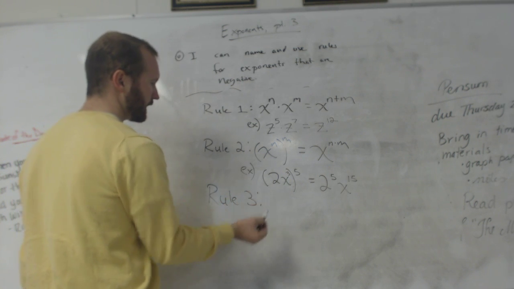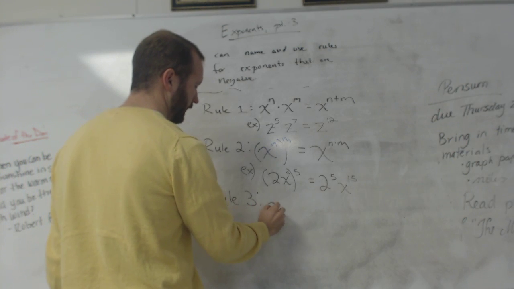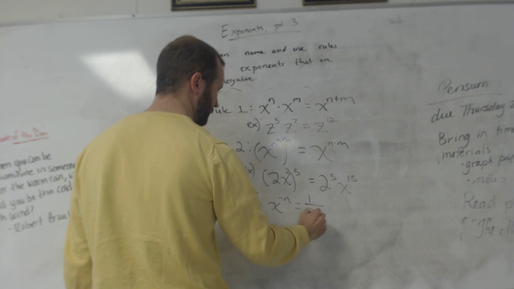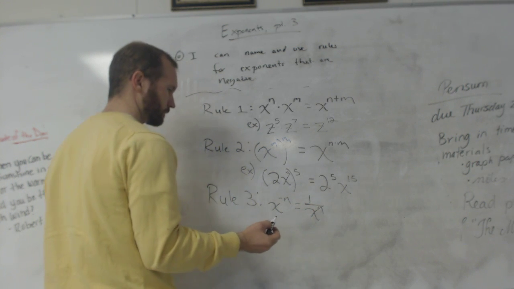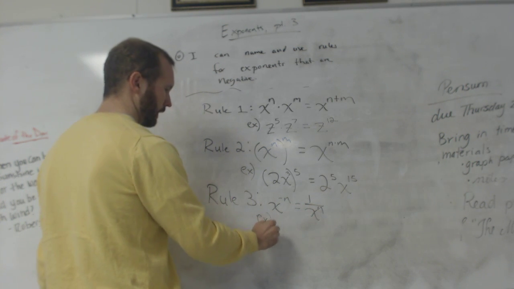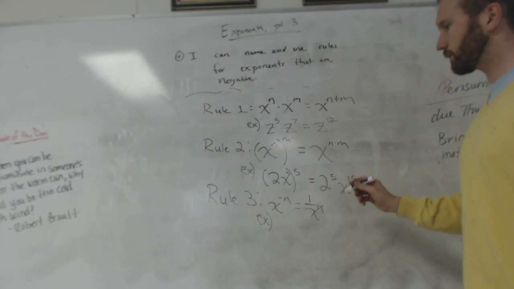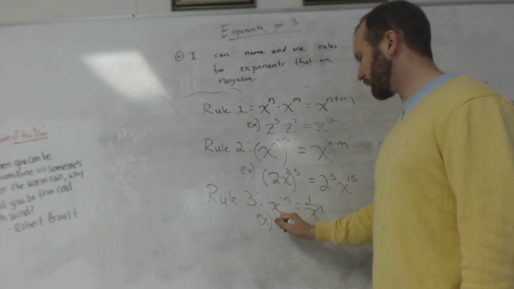Rule 3, we said x to the negative n equals 1 over x to the n. And our example of this is a little weird because it's really like rule 1 and rule 3 combined.